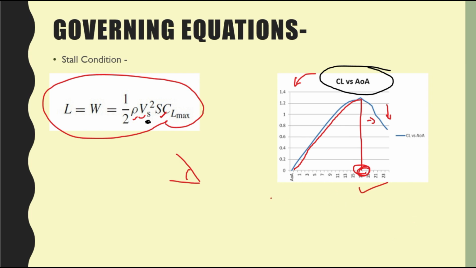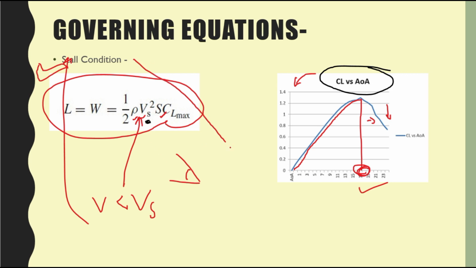Or else we can say that if the velocity of the plane is lesser than the stall velocity, then that condition is known as the stall condition. So stall condition can be in two ways. If the speed is lower than the stall speed, so V is less than Vs, then the plane is stalled. Or if you are moving to an angle which is greater than the stall angle, then the plane has stalled. So this is basically the stalling condition.